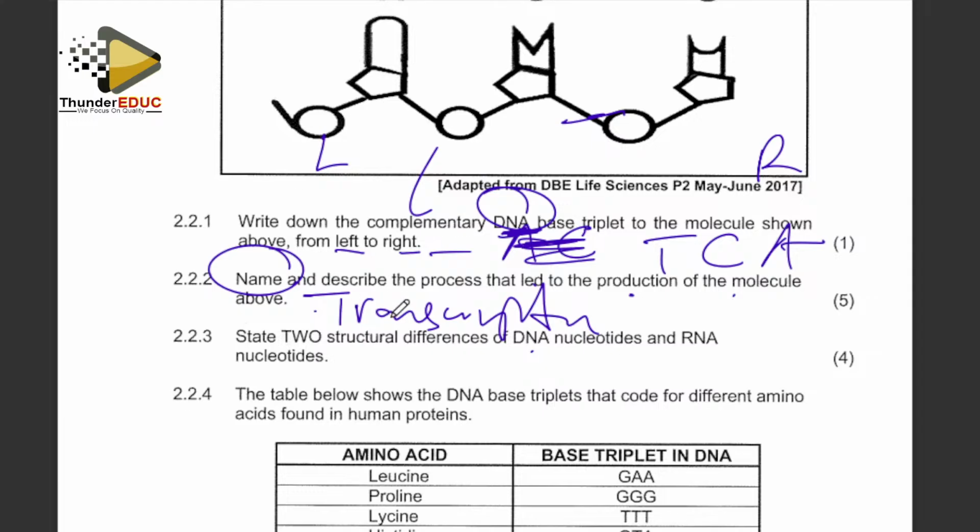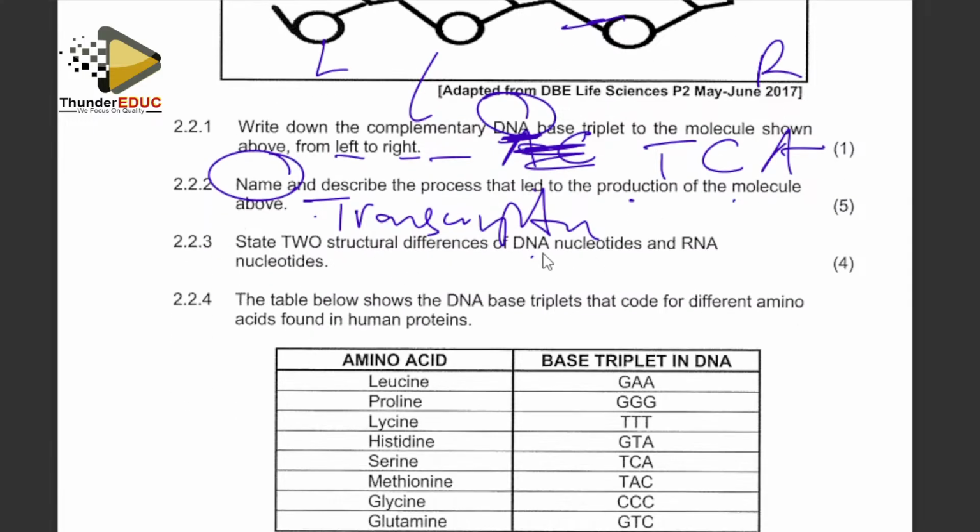All right, we continue. Name two structural differences between DNA and RNA nucleotides. Remember, they are saying state the structure, meaning that they don't want you to draw a table, because they didn't say tabulate. But if you tabulate, they won't give you a mark for the table, but they will give you marks for the things you say there.